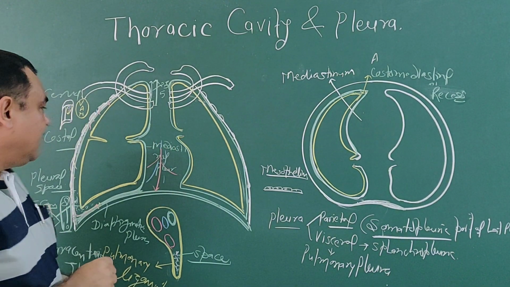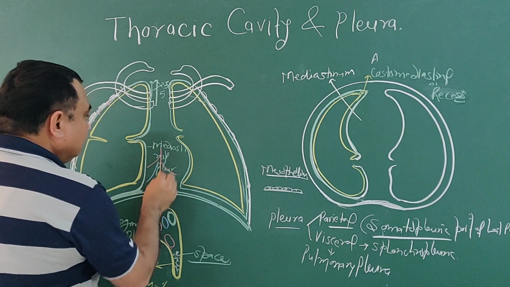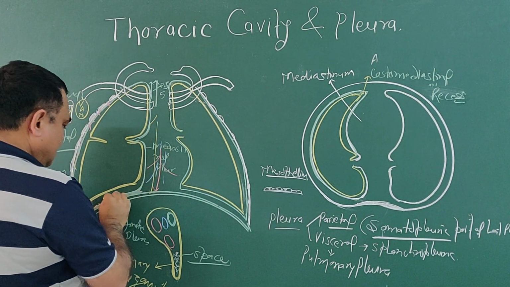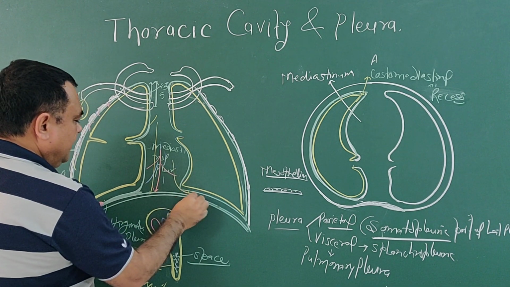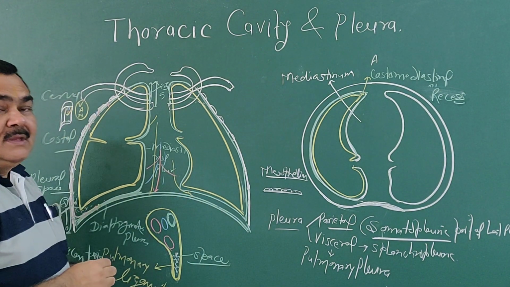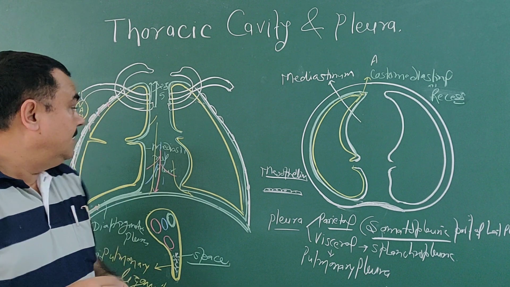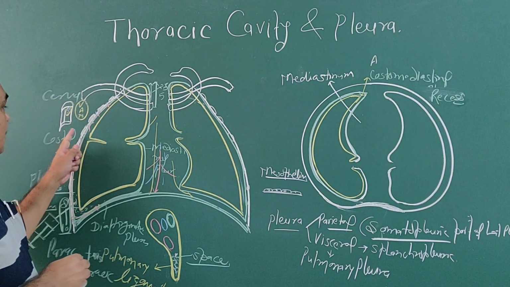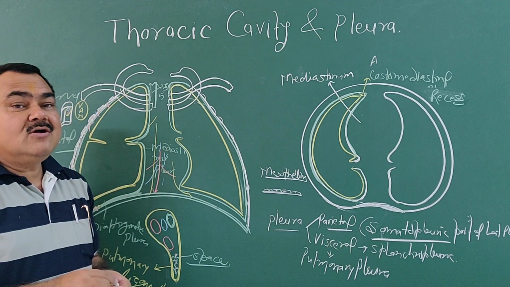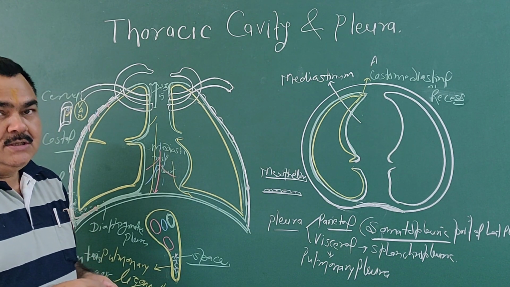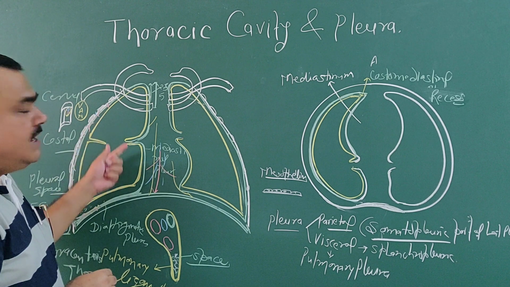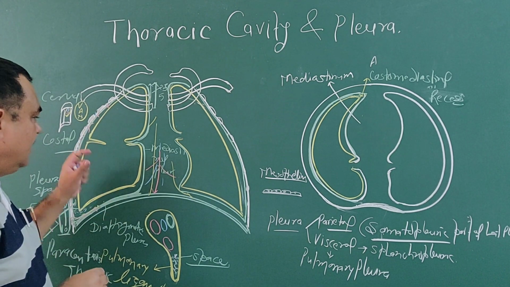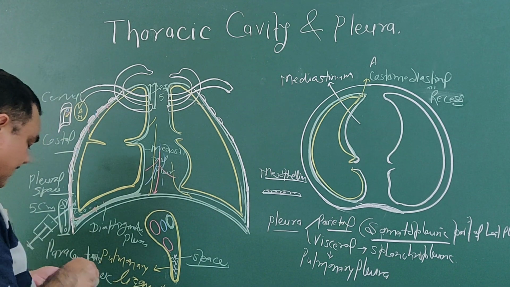And nerve supply is the phrenic nerve. So this area is supplied by phrenic nerve up to this area. Lymphatics also go into the intercostal lymph nodes posteriorly and anteriorly the intermammary lymph nodes.